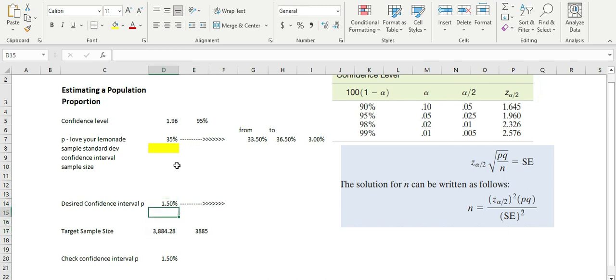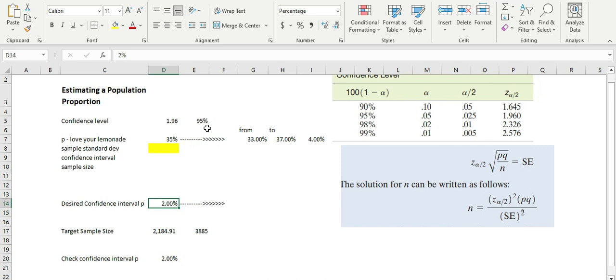On a 12% interval, you can see it changes to a range of 33% to 37%. That's your estimate. You need to collect 2,004. You will still say to me that it's too costly again to sample 2,000 people.